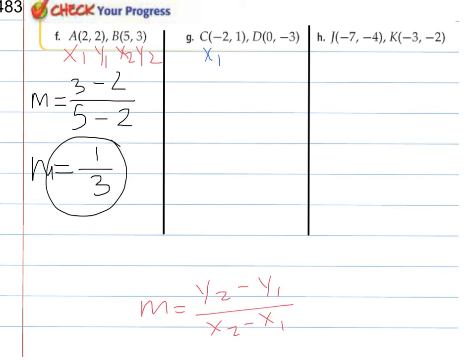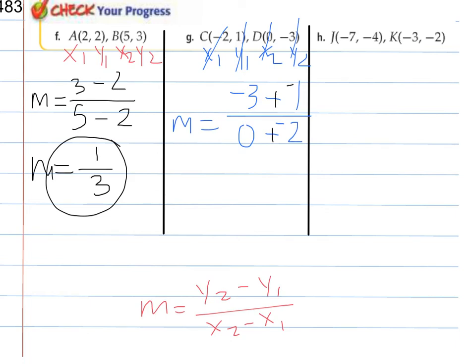So x1, y1, x2, y2, plug them in. x sub 2 is negative 3, minus x sub 1 is 1, x sub 2 is 0, x sub 1 is negative 2. Notice I keep the negative, subtraction is part of the formula.